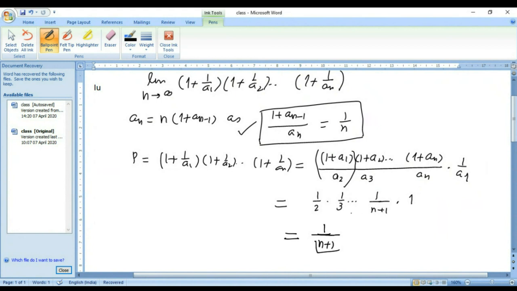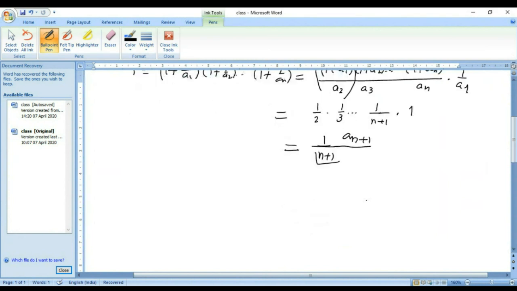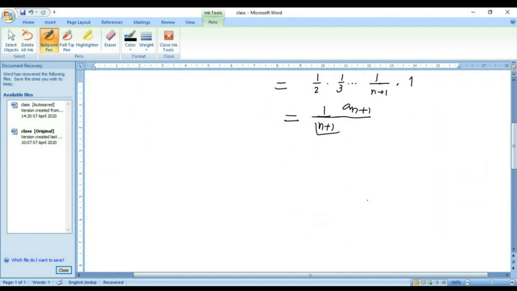And one more thing will come, that is 1 plus an, and so I can write this as an plus 1 upon n plus 1 factorial. So now I have to find the limit of an plus 1 upon n plus 1 factorial, limit n tends to infinity.